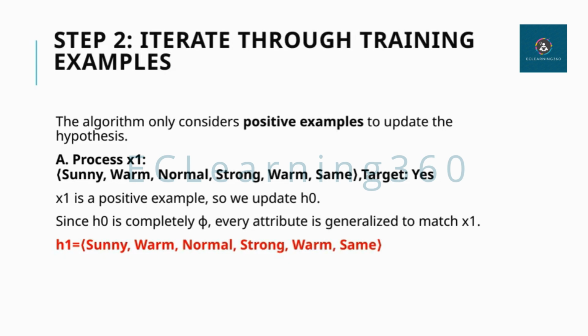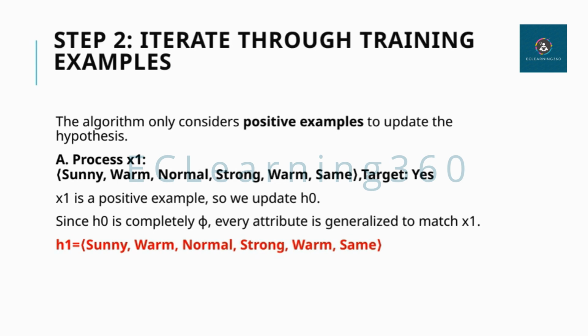Now, let's move on to step 2, iterate through training examples. The key idea here is that our algorithm only considers positive examples when updating the hypothesis. So, when we process a positive example like x1, we're going to make some updates. For instance, x1 is sunny, warm, normal, strong, warm, same, and the target is yes. Since x1 is a positive example, we need to update our initial hypothesis, which we call h0.